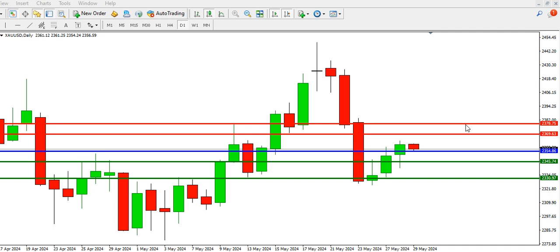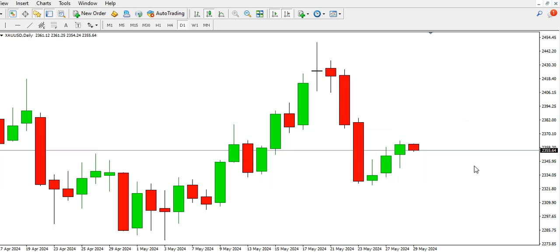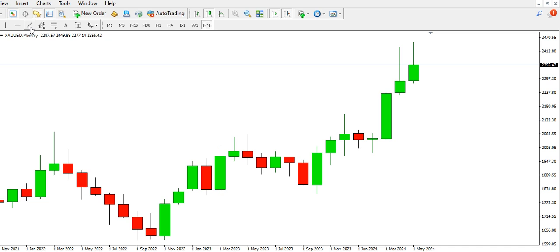Now let's look at the monthly time frame with respect to trend lines, order blocks, support and resistance. Going to the monthly time frame, we can see that price is still bullish.